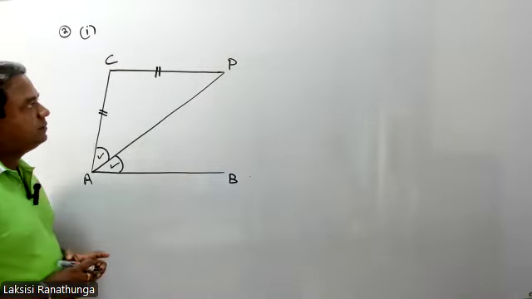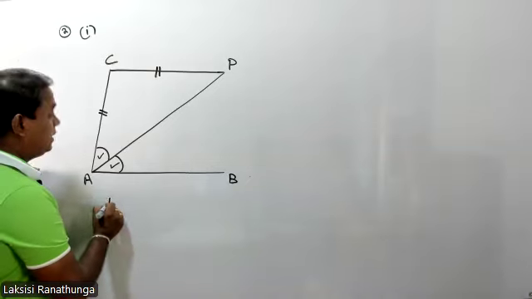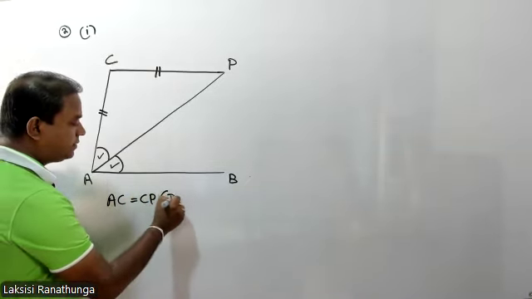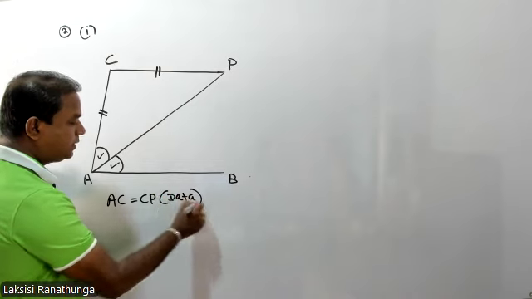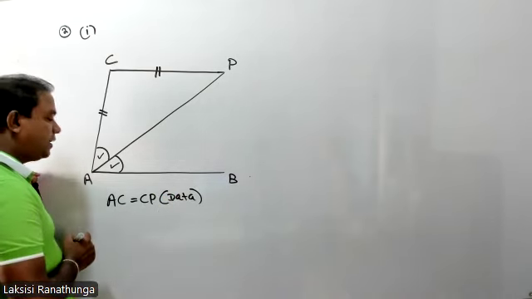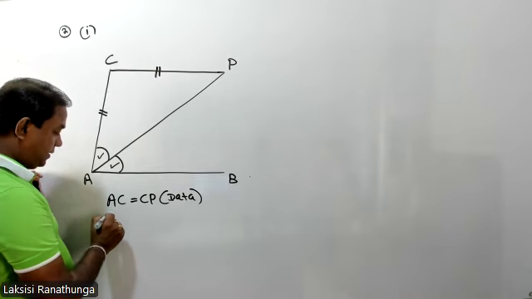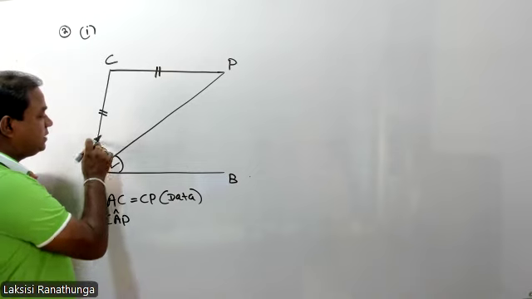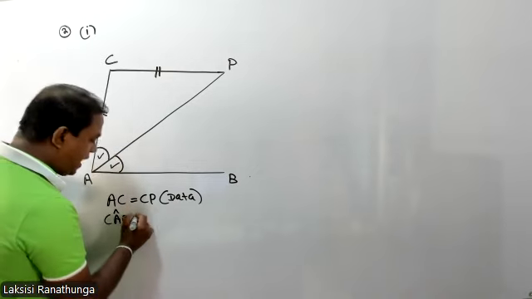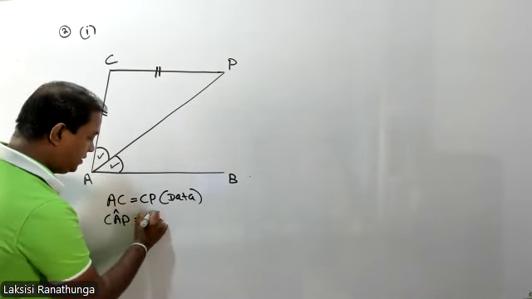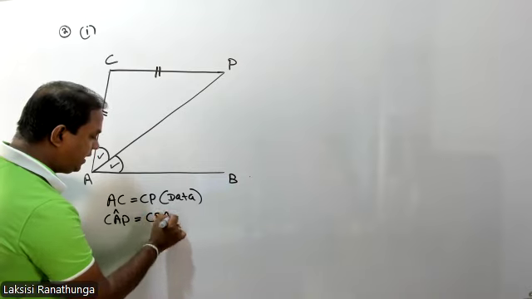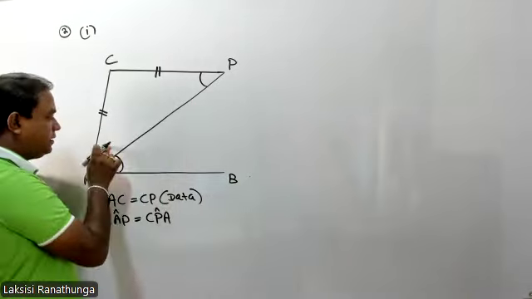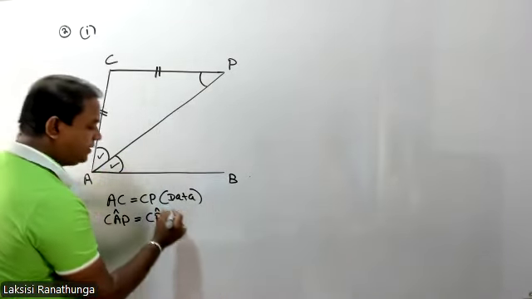Consider this diagram. AC equals CP, data. Therefore, angle CAP equals angle CPA. These two angles are equal.